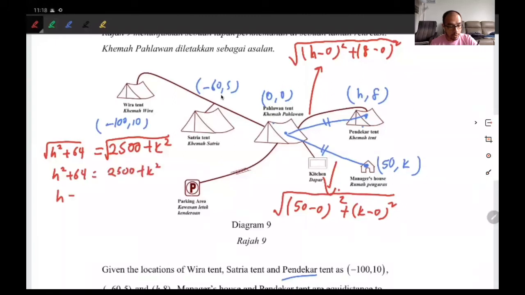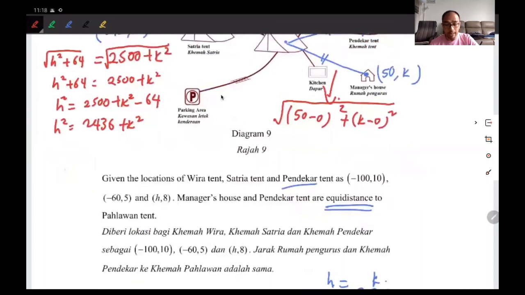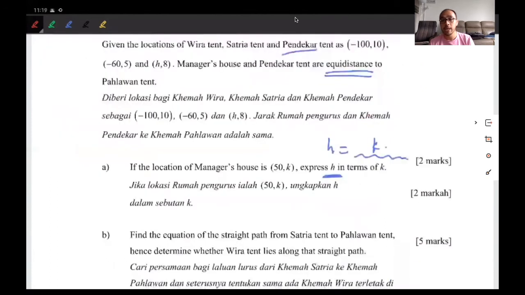So H squared equals to 2500 plus K squared minus 64, which is 2436 plus K squared. Therefore, H equals to the square root of 2436 plus K squared. And there you have it. Express H in terms of K. Done.